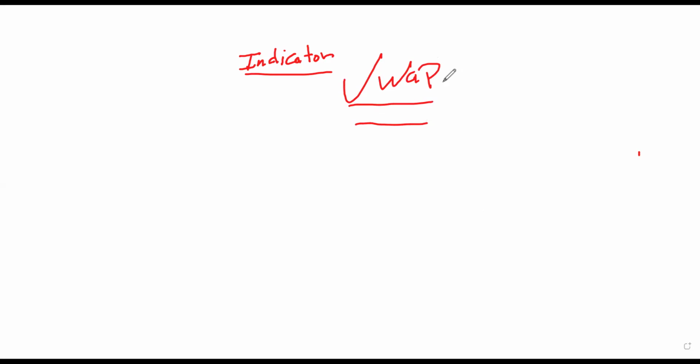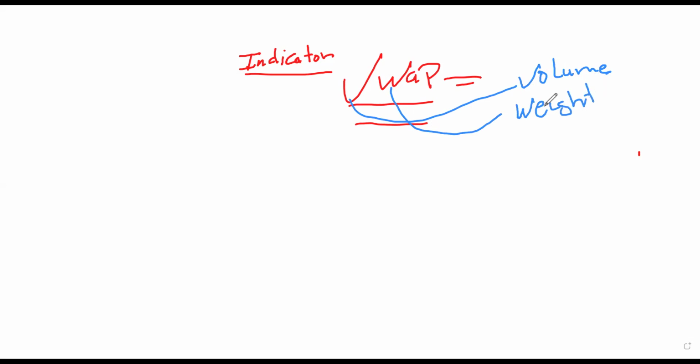Now, what does VWAP stand for? The V stands for volume. The W stands for weight. The A stands for average.